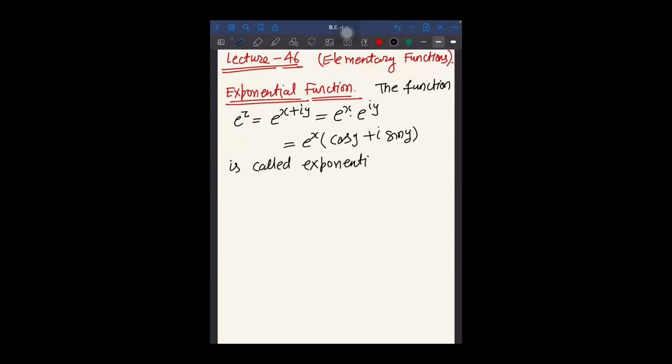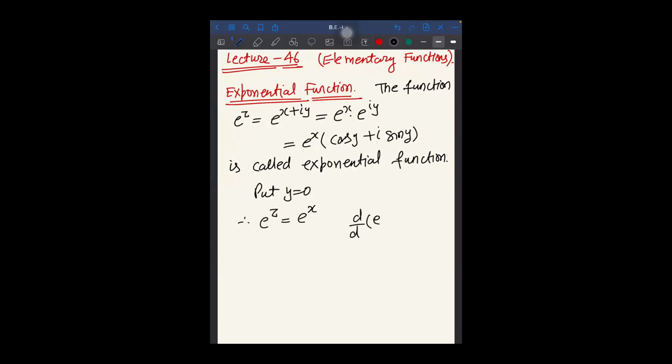Okay, so we'll be doing a few properties of the exponential function, and you might have heard about these properties. And first of all, you can understand that if you put y equal to 0, so therefore you are left with e^z equal to e^x, right? So this is something which is a real function, and if you differentiate it, you know that it is e^x.